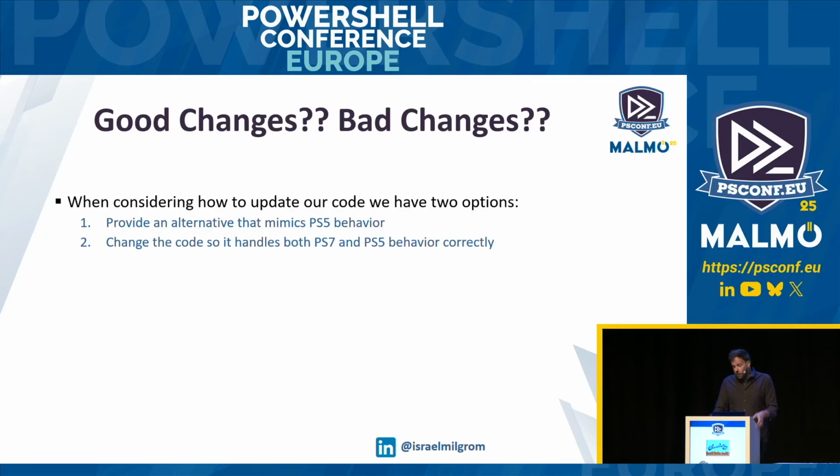Or you can just write your code in a way that, maybe you decide your favorite encoding is ASCII. So you just call encoding ASCII, and you don't have to worry about 5 versus 7 because it will behave the same. So those are the two different approaches.